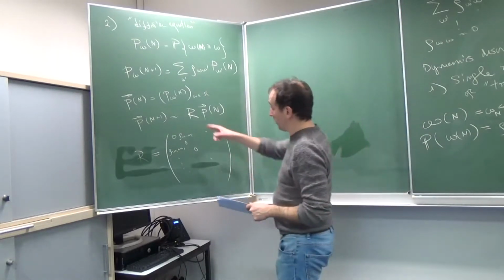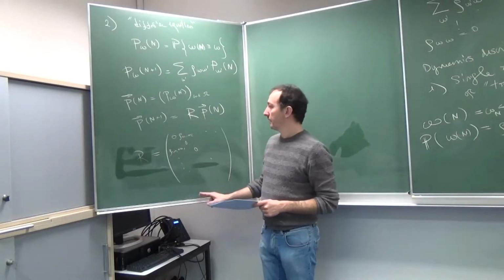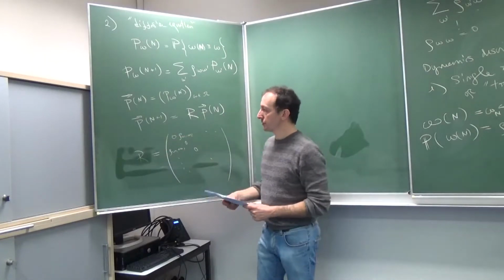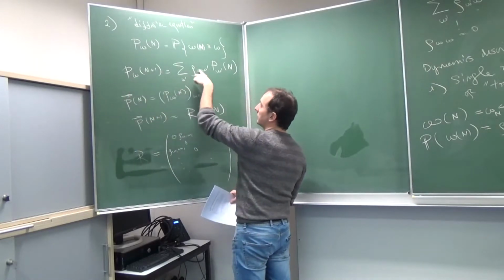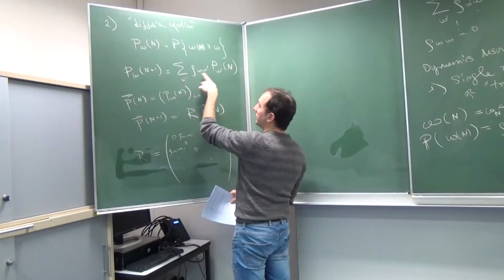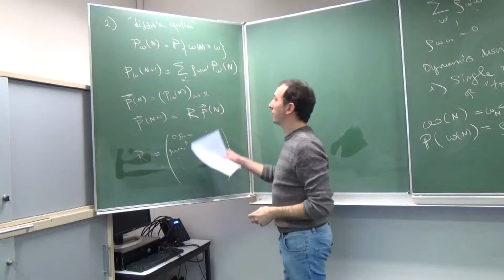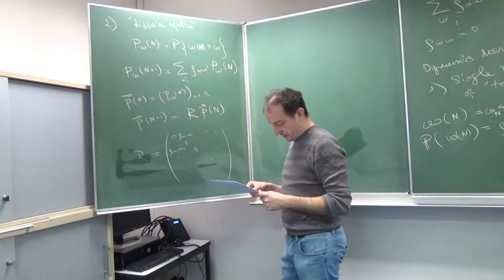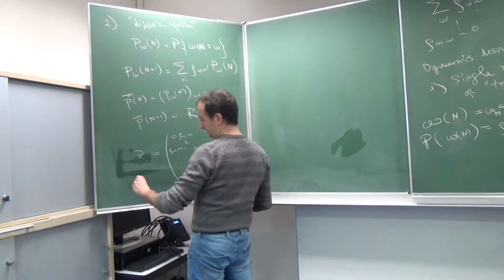And of course, the columns of this matrix add up to unity, granting normalization. So if you sum over omega here, you get one, and then you get the sum over omega prime of P omega prime, which is 1. So normalization is preserved. We will call R the transition matrix.